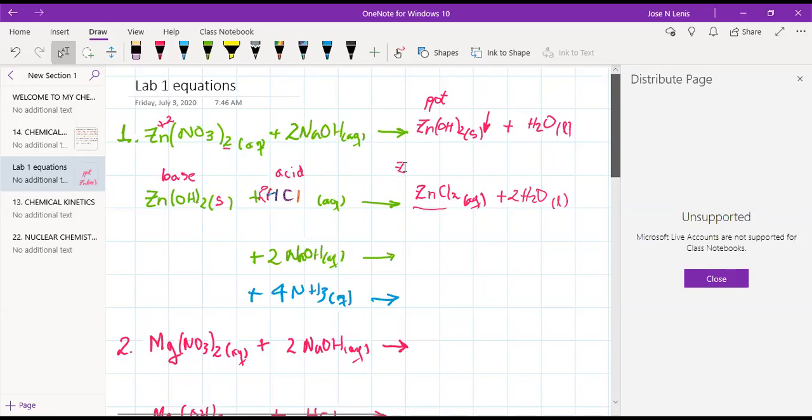So we say this is zinc 2 chloride. And here it's clear that we have acid-base reaction. So zinc 2 oxide behaving as base, and of course hydrochloric acid is a strong acid.